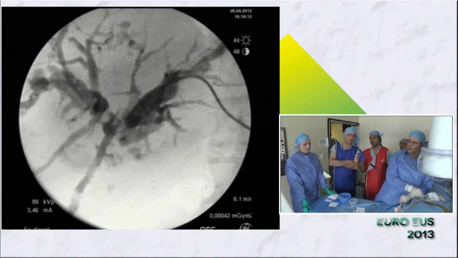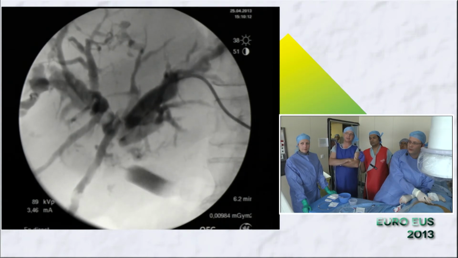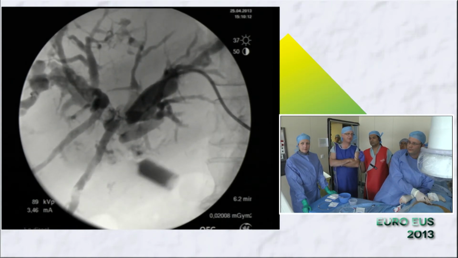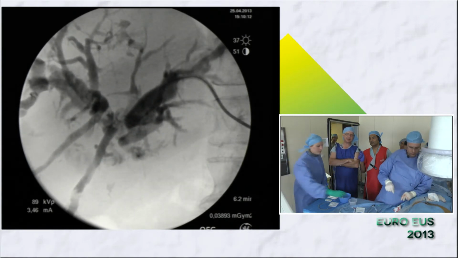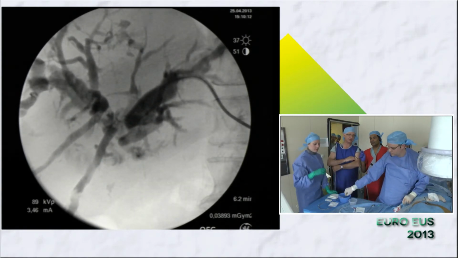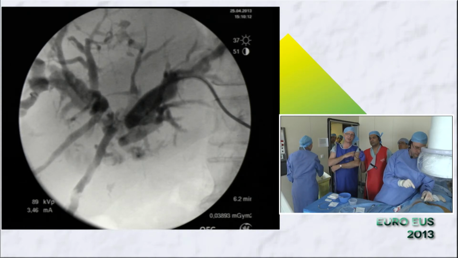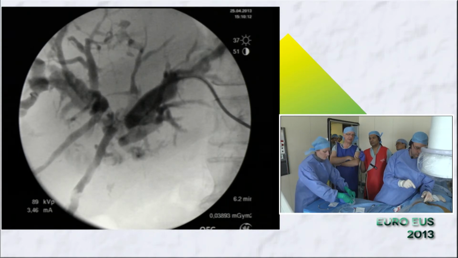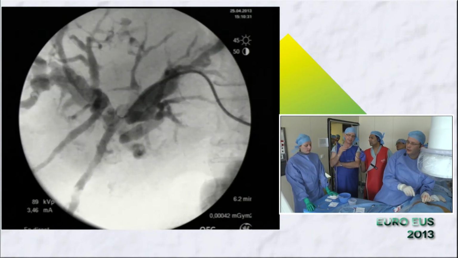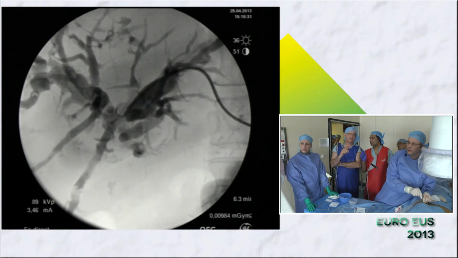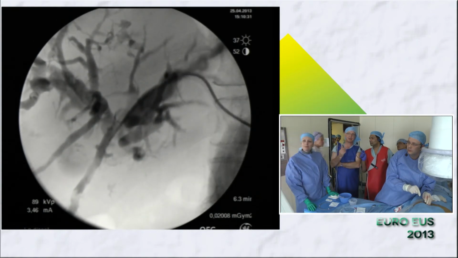Sometimes, I'm sure that it will not be the case with everyone now, but sometimes in a hugely dilated duct, when you place the external drain, you are not able to pass a tight structure. Yes. So the trick in this case is just to leave an external drain in drainage for 2 days, and then when you come back, the bile ducts are much smaller and it becomes much easier to pass through.